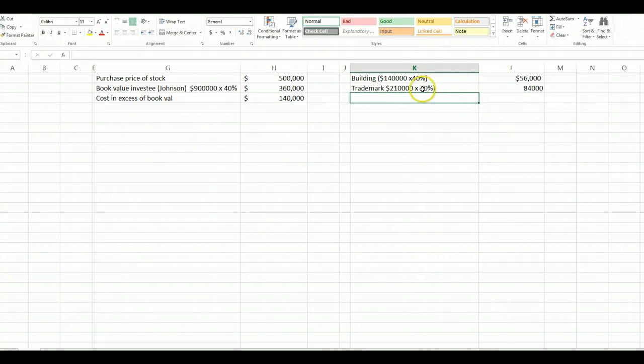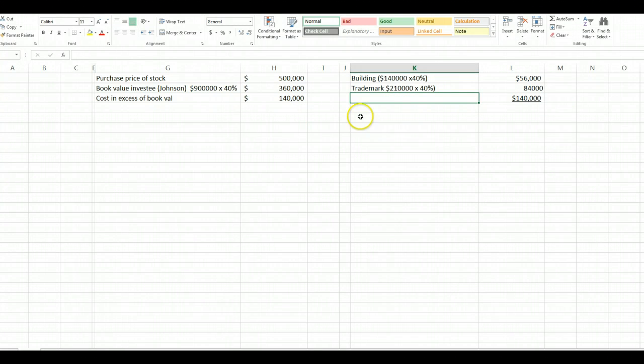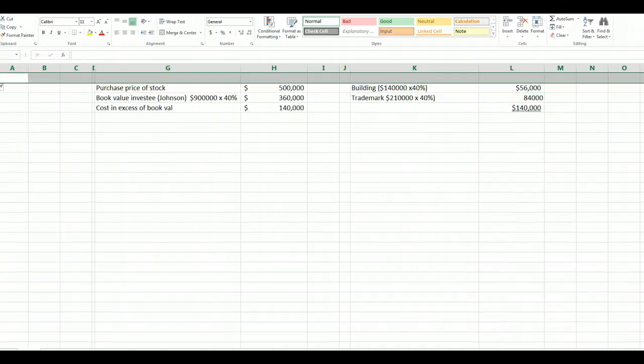So this difference, this extra $140,000, should be handled by these two differences. The extra we paid over of $140,000 is identified in the building and the trademark. Now the building, what did they say the remaining life is? Only 7 years.